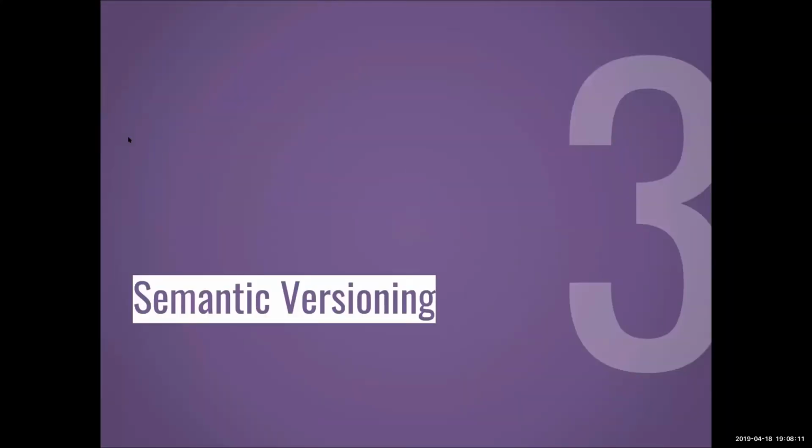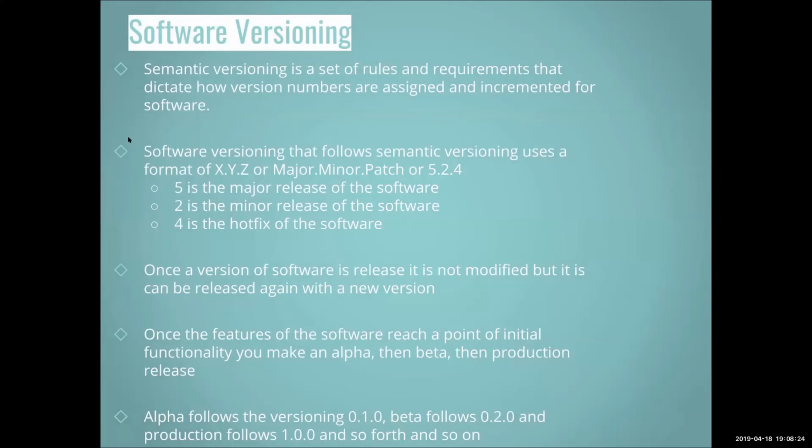So, like I talked about with the command line, there are some extra concepts to think about with software, and it's appropriate to talk about semantic versioning in this. Semantic versioning is a set of rules and requirements that dictate how version numbers are assigned and incremented for software.